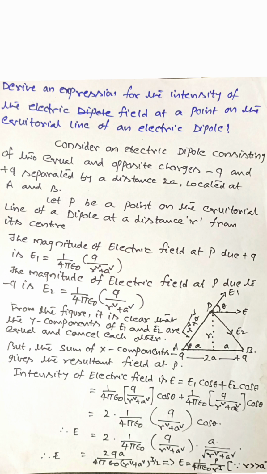According to the right angle triangle here, AP or BP is equal to root of (r square plus a square). So E1 is equal to 1 by 4 pi epsilon naught into q by (root of r square plus a square) whole square, that is equal to r square plus a square. The magnitude of electric field at P due to minus q is 1 by 4 pi epsilon naught into q by (r square plus a square).